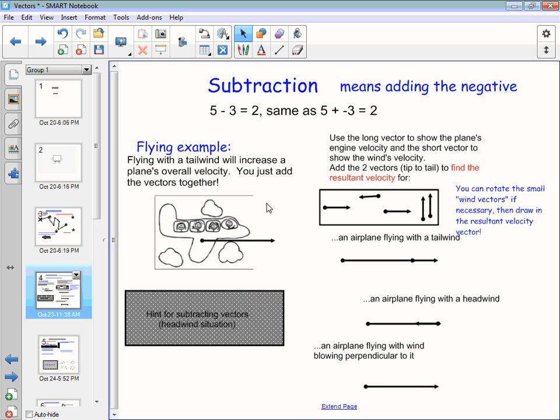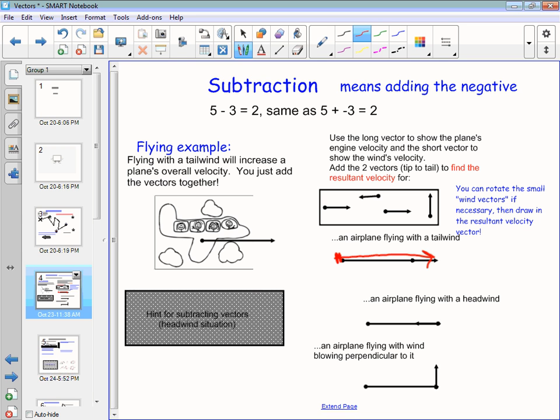Okay, and then an airplane flying with wind blowing perpendicular to its... Yay, look at that. That was a smooth one. Well done, sir. So what are the resultants going to be? Well, the resultant here goes from the tail of the first to the tip of the last, yes?